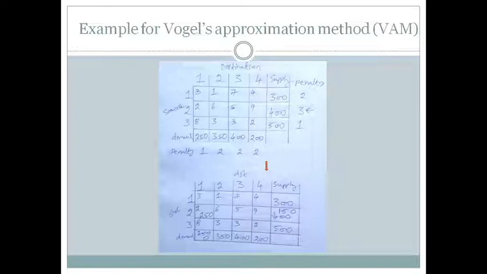There is no particular procedure to break the tie. In this case we don't have that problem. 3 is the row penalty and it is the highest value, so this row is selected, and in that row we select the least cost cell.